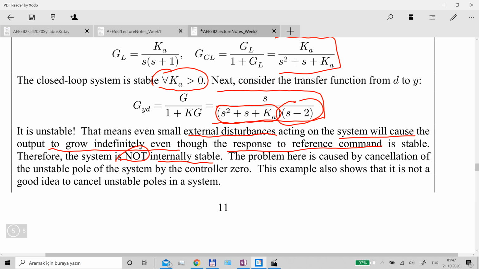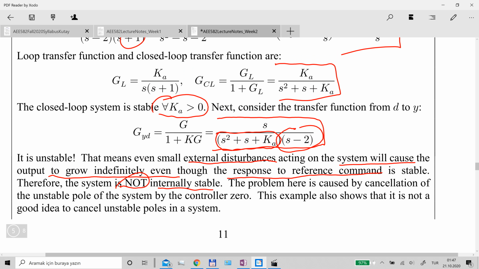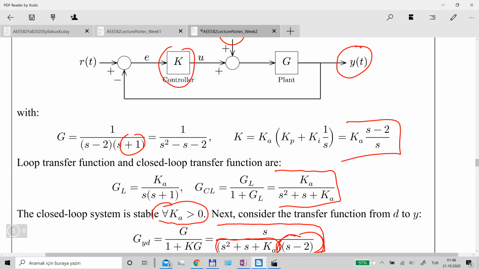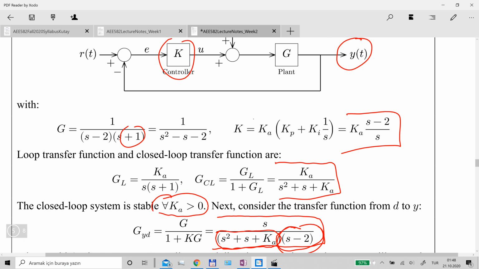And if you look at this example, you can easily see that the problem is the fact that we have a pole zero cancellation for this unstable pole. In fact, when you come back here, when forming the GL, you have an unstable pole in G, but your controller has a 0 at the same location. So this cancels the unstable pole there.